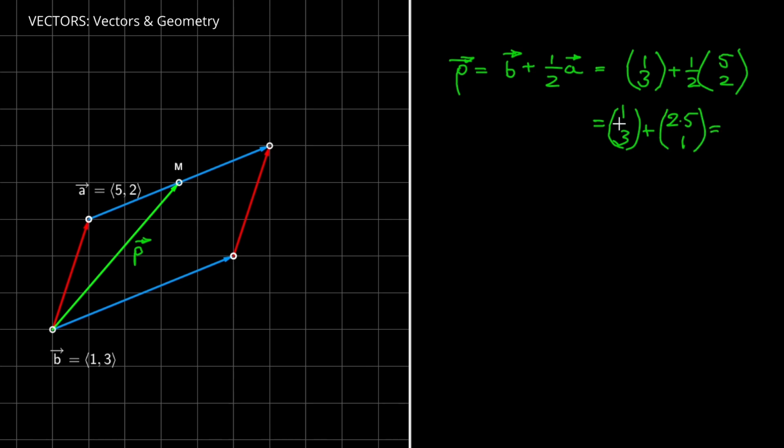Now we can add them up. 1 plus 2.5 is 3.5, and 1 plus 3, 4. Let's see whether it's true. Let's do the horizontal journey first. 1, 2, 3 and a half. Yep, okay. And the vertical journey, 1, 2, 3, 4. So it's correct. Vector P can be defined as 3.5, 4.